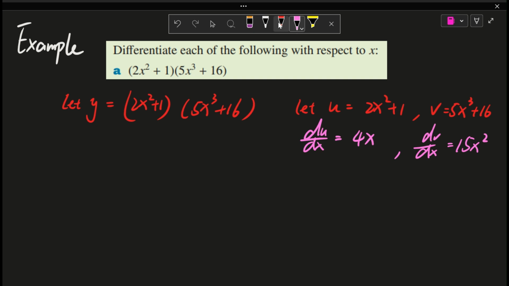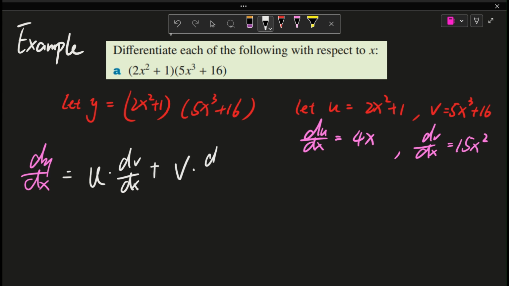All right. I'm going to rewrite the dy/dx rule again. dy/dx equals u times dv/dx plus v times du/dx.